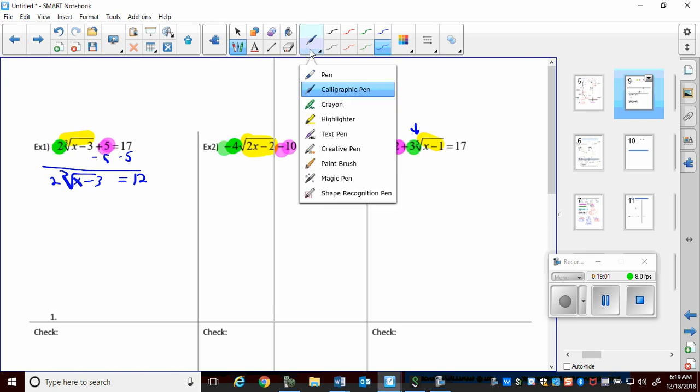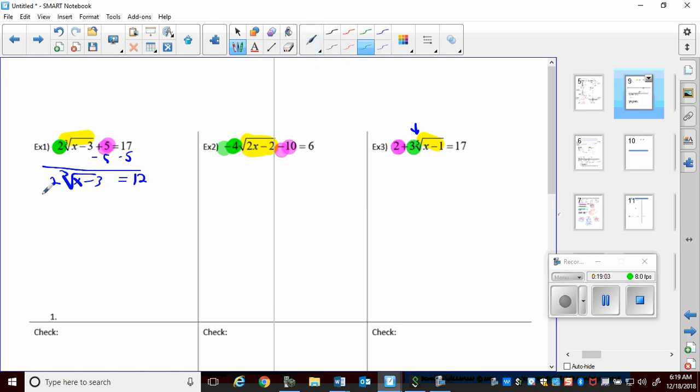Okay, now second step, I'm going to divide both sides by that number, 2, the coefficient of that radical, and I get the cube root of x minus 3 equals 6.